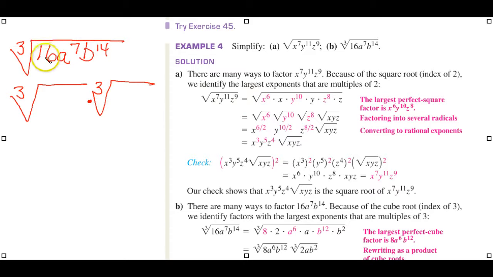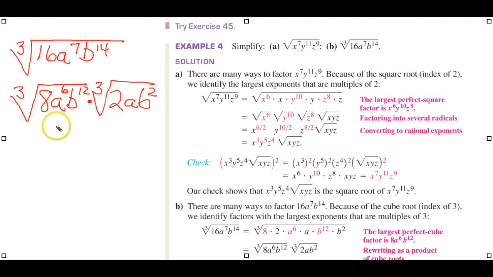In this next one now, again, we're trying to factor this radicand into 2 factors, one that will contain perfect cubes. Well, 8 is a perfect cube. What's left over is the 2. Now here they're going to be multiples of 3. So a to the 6th, and there's an a left over here, and this will be b to the 12th, and there'll be a b squared left over.